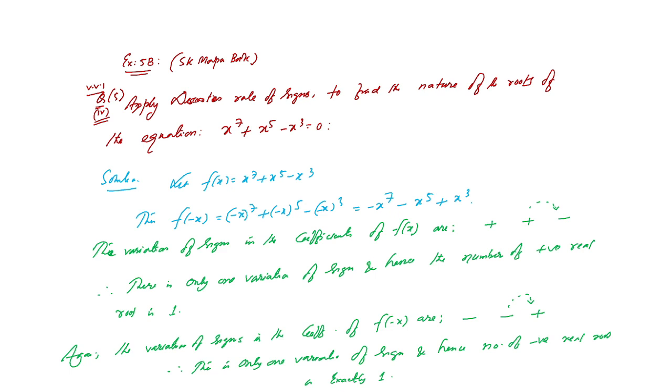So now we need to think about f(0). What is our f(x)? Our f(x) is x^7 + x^5 - x^3.